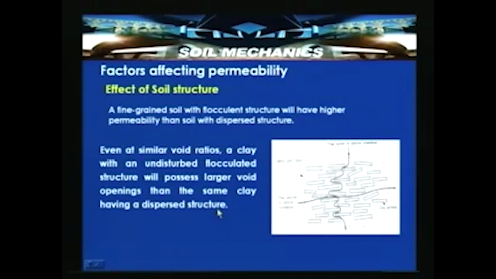We have also discussed that a flocculent structure can have more flow because of the truss-like arrangement, a 3-dimensional or random arrangement with large openings or large pore spaces. So, the larger the pore spaces, the more is the flow. That is what we have discussed. K is proportional to D, which is the size of the pore spaces.